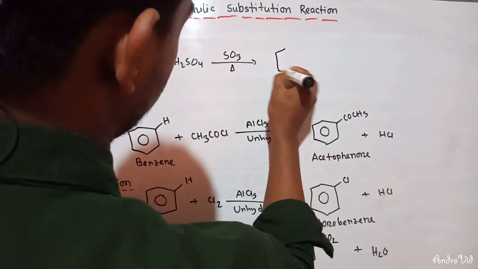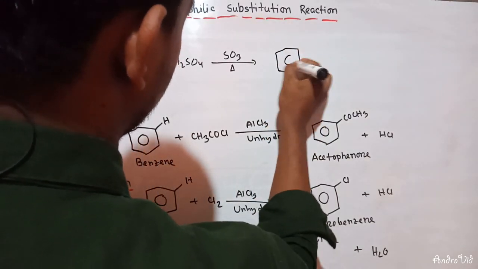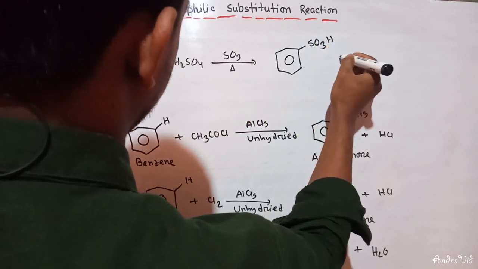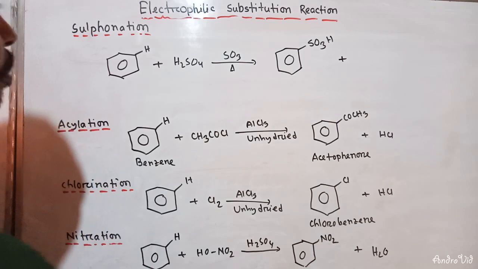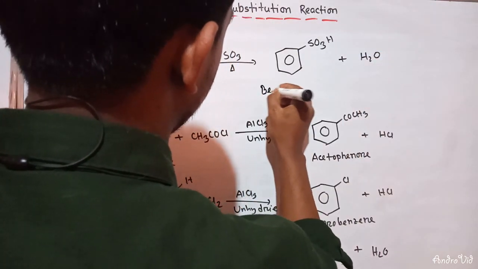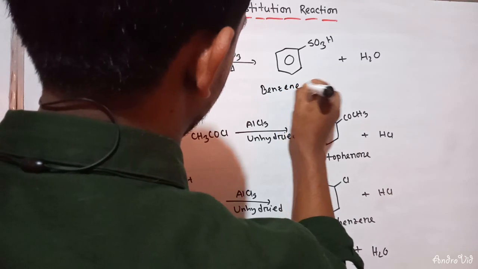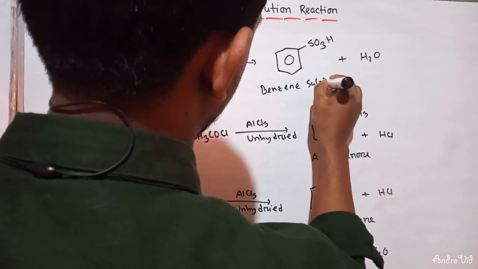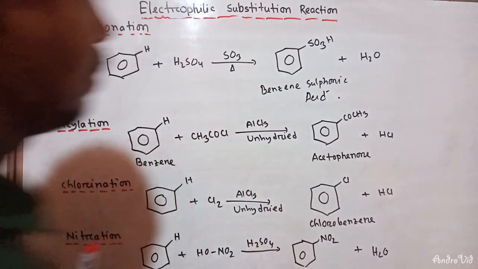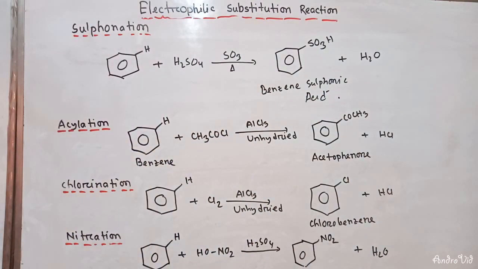Then it produces this acid, which is called benzene sulfonic acid. So I hope you understand.